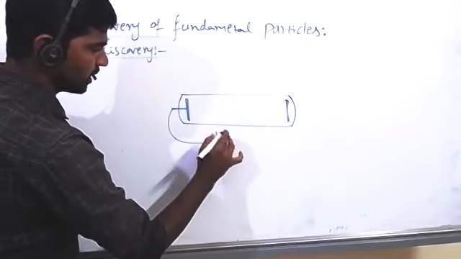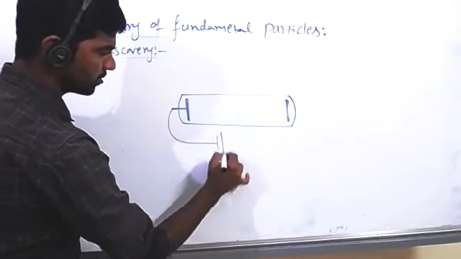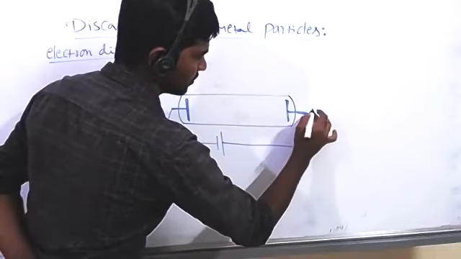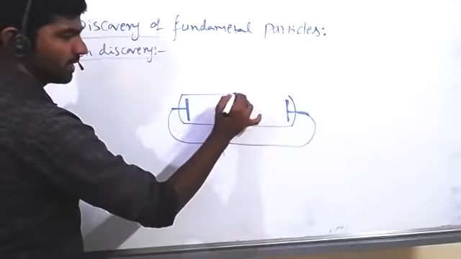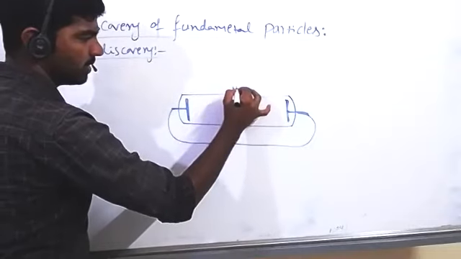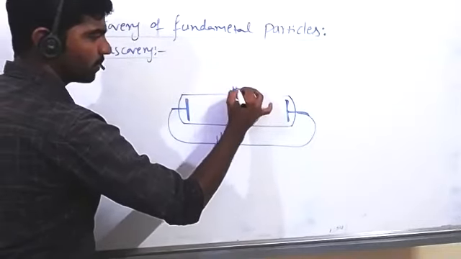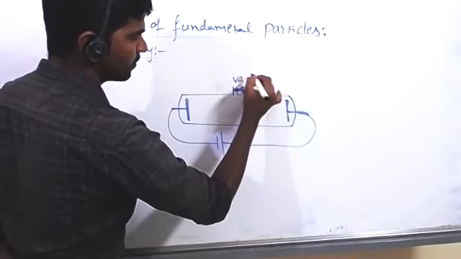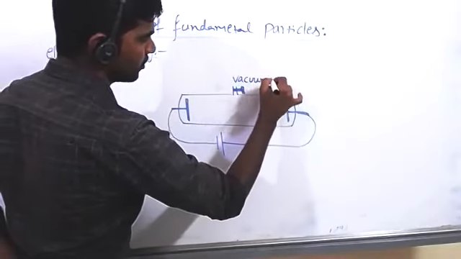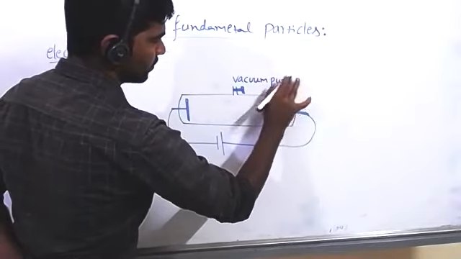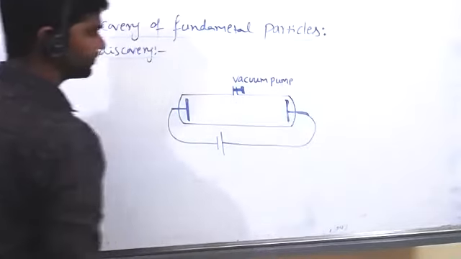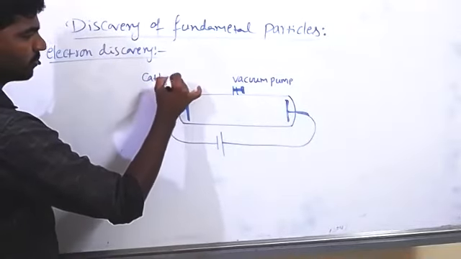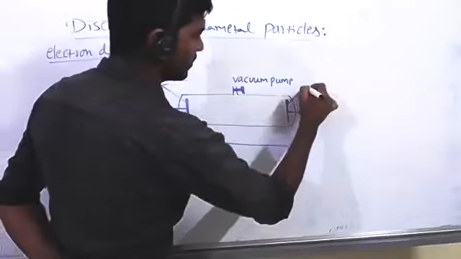Both the electrodes are connected to high voltage. To this glass tube, one side tube is also there, connected to a vacuum pump. This is cathode, this is anode.